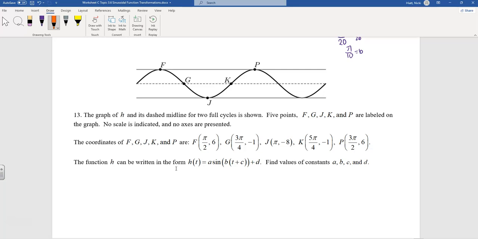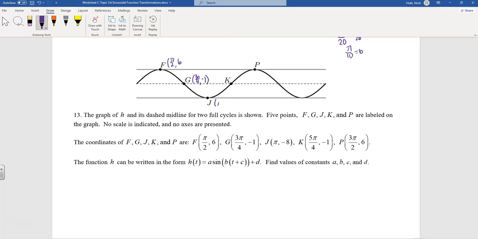So I would always start by labeling my points. So this is pi over 2, 6. This is 3 pi over 4, -1.